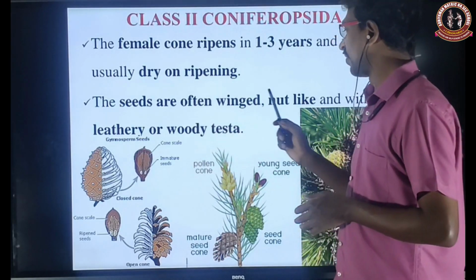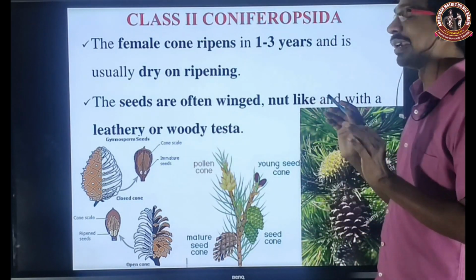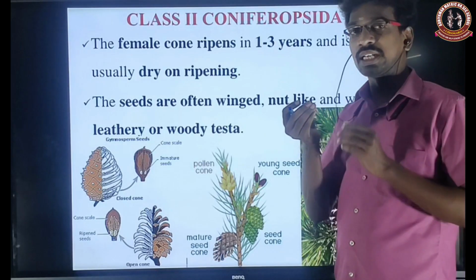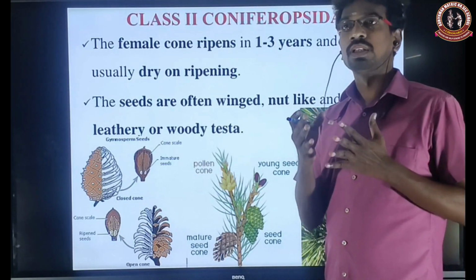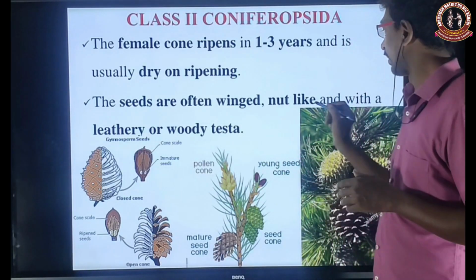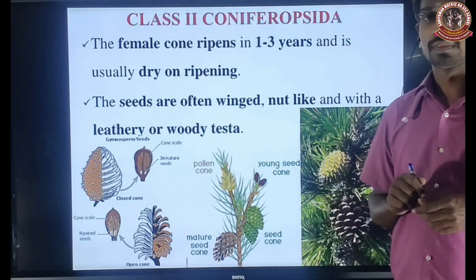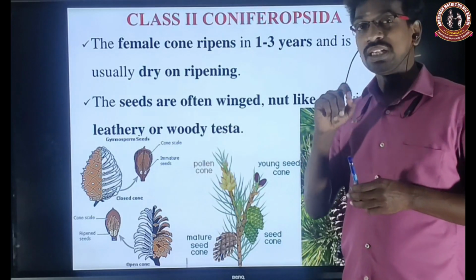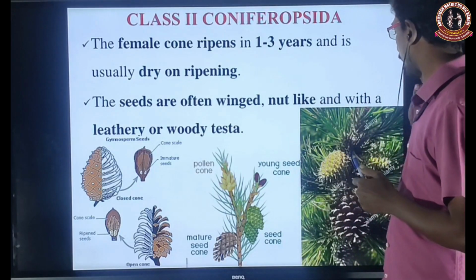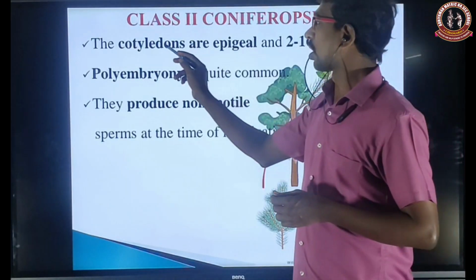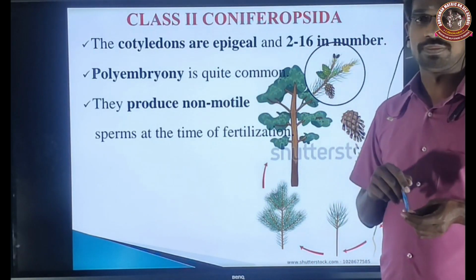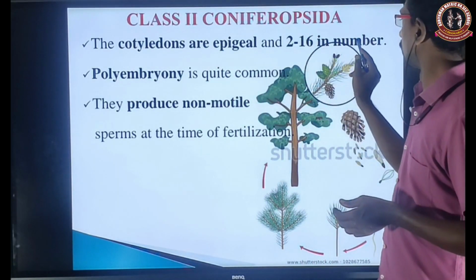The seeds are often winged and nut-like, with a leathery or woody testa. The seed will be protected. The cotyledons are epigeal, and the common number of cotyledons is 2 to 16.